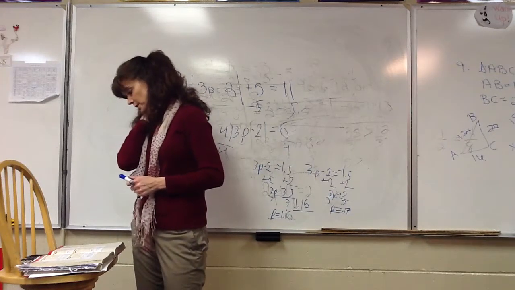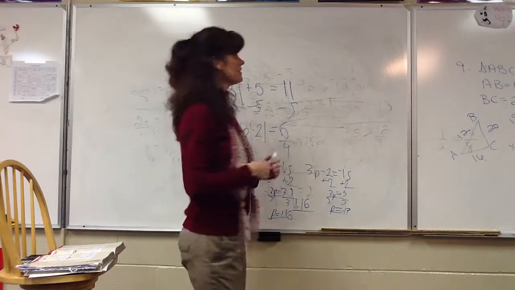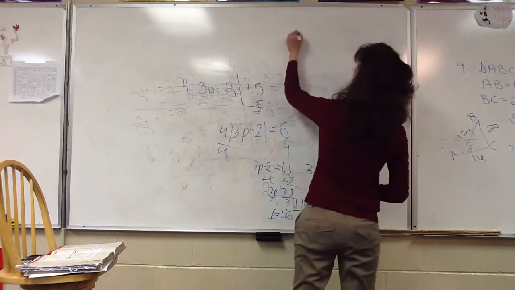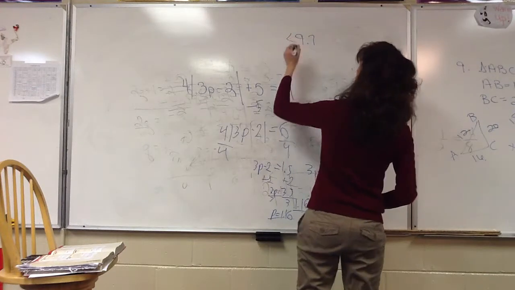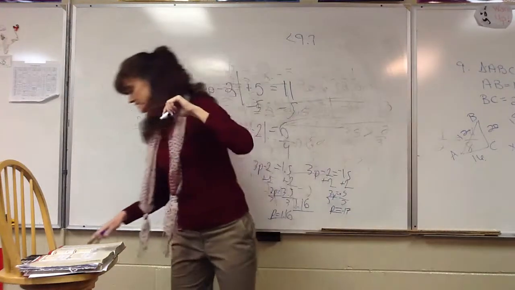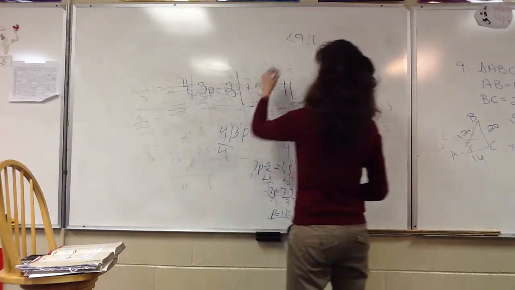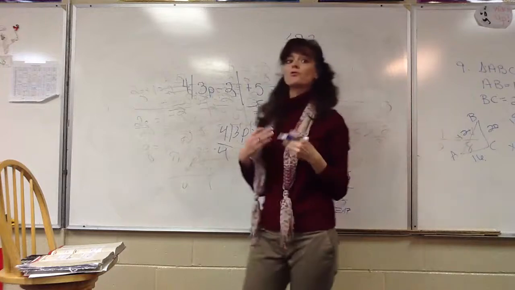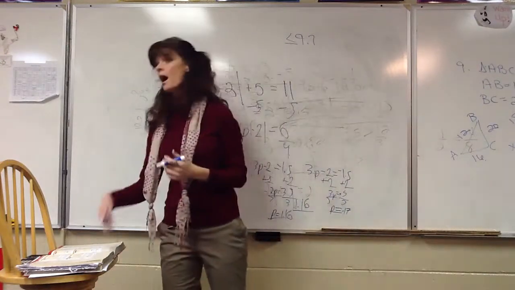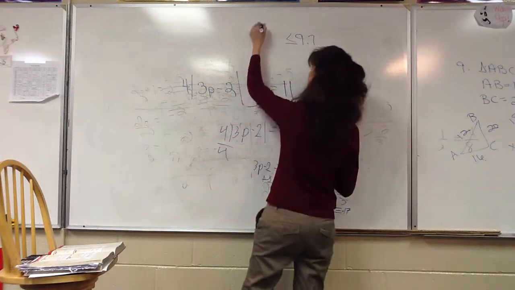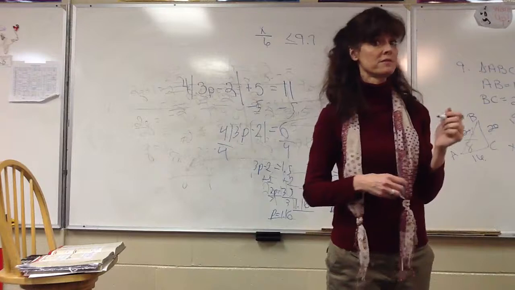Okay, so he competes in 6 events, and his average score is at most 9.7. The most is 9.7. So what we're going to do is take all of his scores, which is an X value, and divide it by 6 because he competed in 6 events.